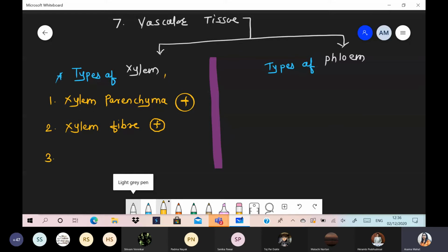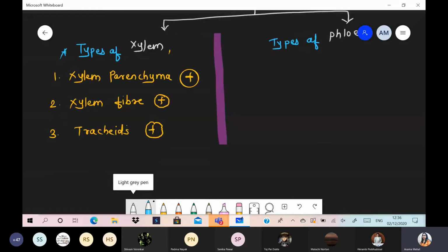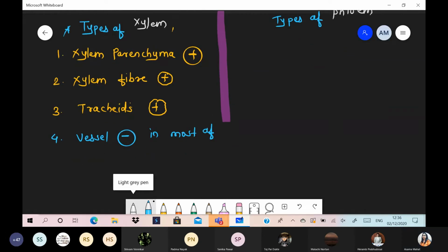Third one, we are talking about a specific type of cells, that is tracheids. Tracheids are also present, but here we are talking about another specific type of cell, that is vessel. So vessels are totally absent in most gymnosperm.